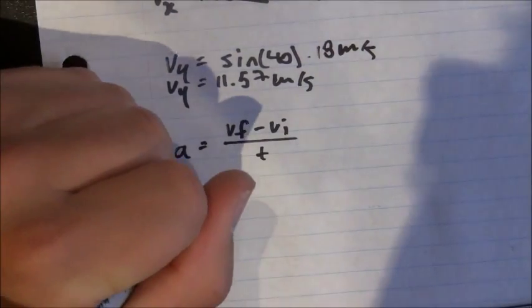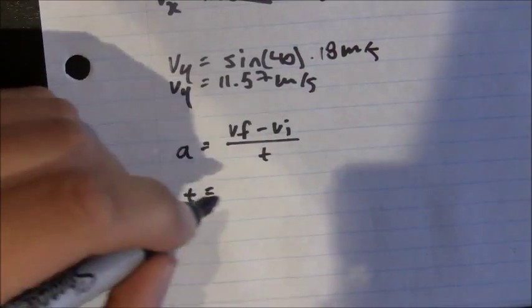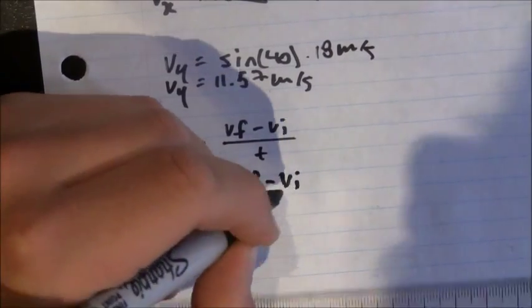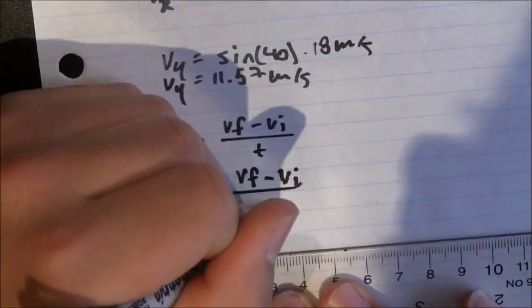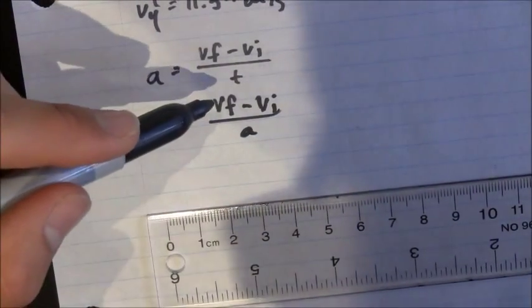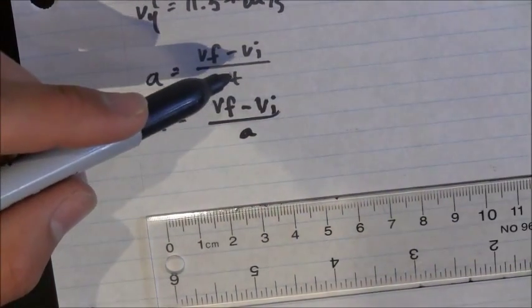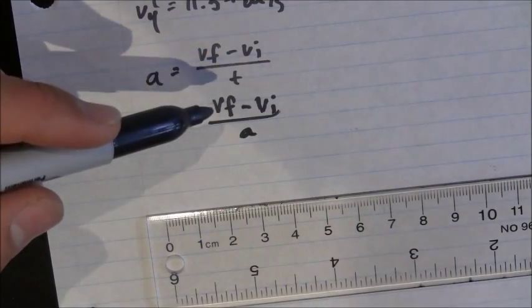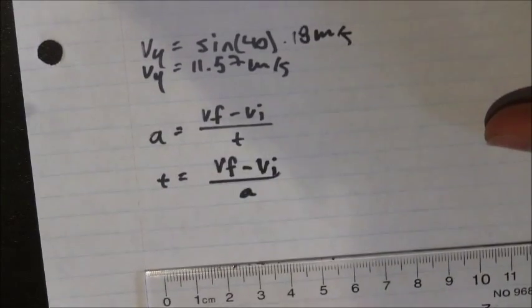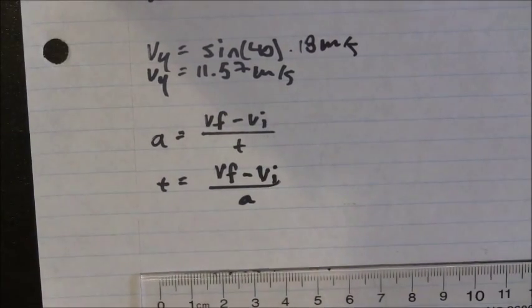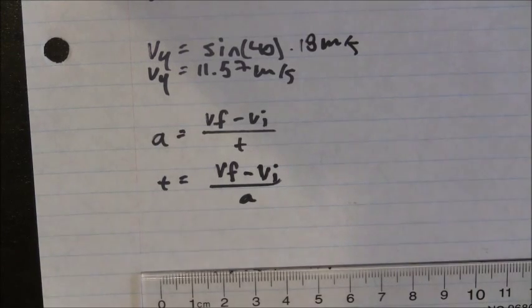We just say t equals Vf minus Vi over a. And we know the initial velocity, the initial vertical component is 11.57. What will the final be? Well, it'll be the same, but with a flipped sign. It'll be negative 11.57.